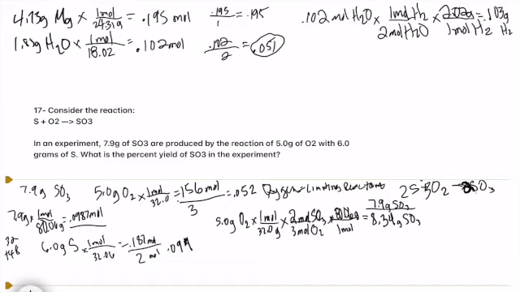Pardon me, I kept saying 6.0 grams were produced, but it's clearly 7.9 grams of SO3 were produced. And so my actual is 7.9 grams SO3 over my theoretical 8.34 grams of SO3 times 100 gives me 95% yield.